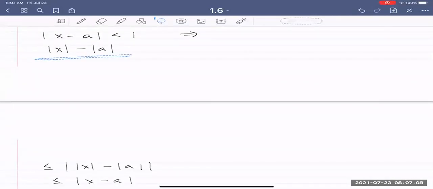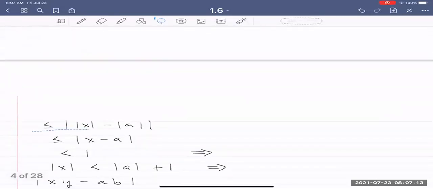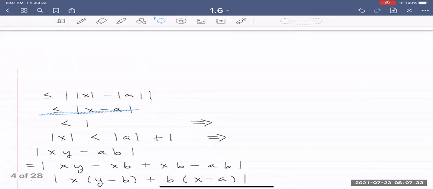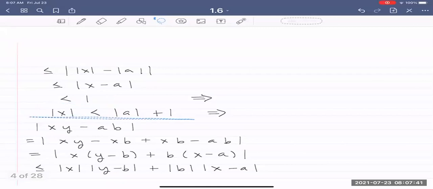Then |x| minus |a| is less than or equal to the absolute value of |x| minus |a|, which by the triangle inequality is less than or equal to |x minus a|, which by assumption is less than 1. Therefore, adding |a| to both sides of your inequality, the absolute value of x is less than |a| plus 1.